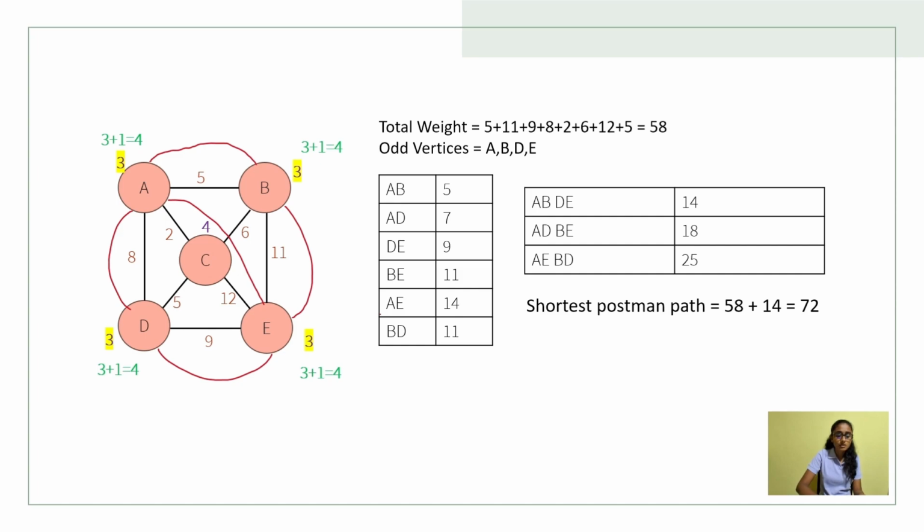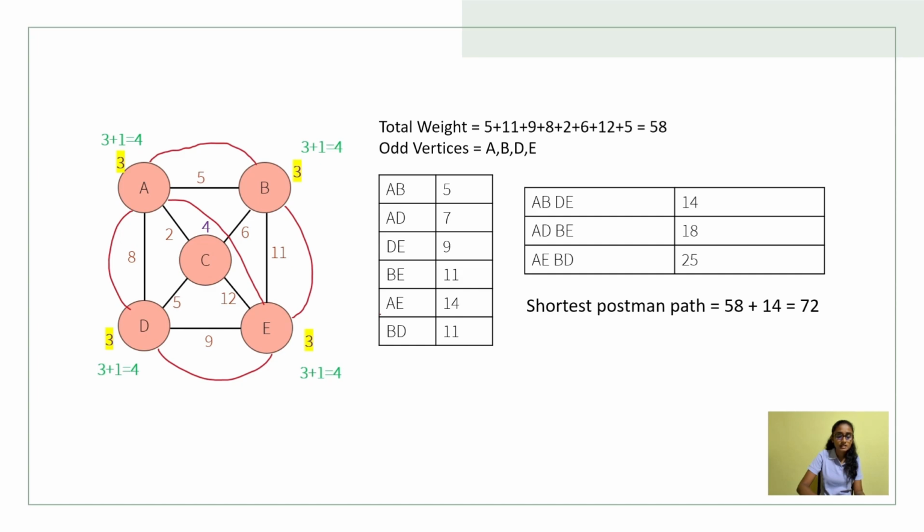We must pair the odd vertices in all possible ways and choose the minimum total distance. The possible pairings are AB and DE is 14, AD and BE is 18, and AE and BD is 25. The minimum extra distance is 14.